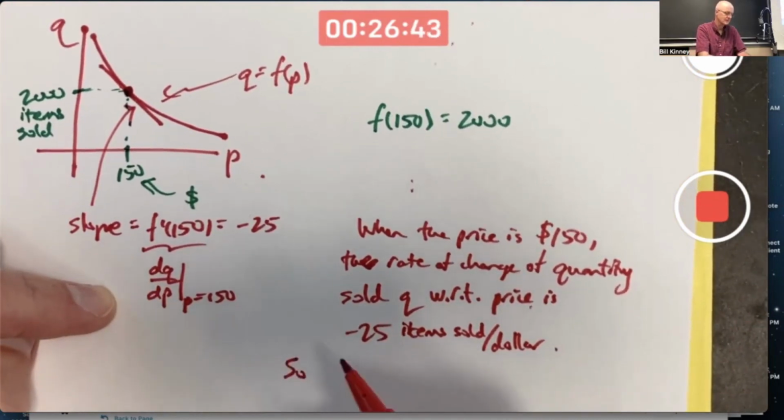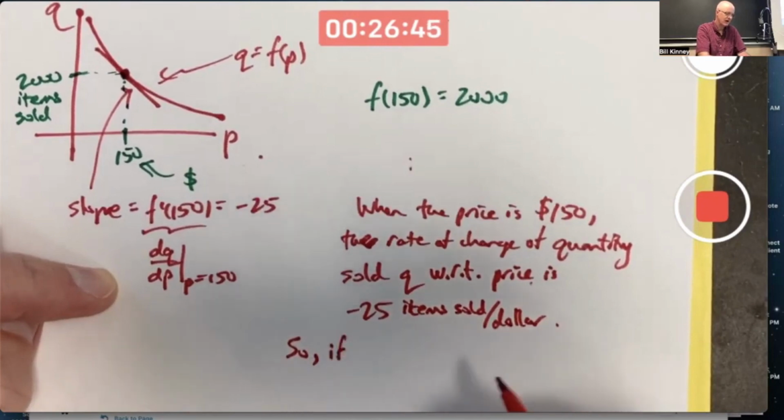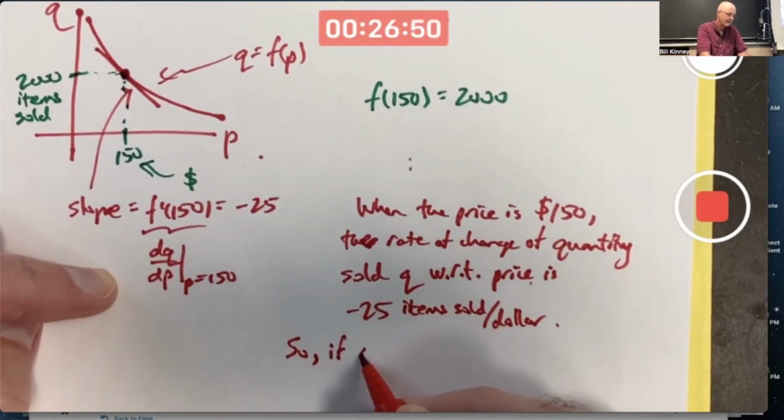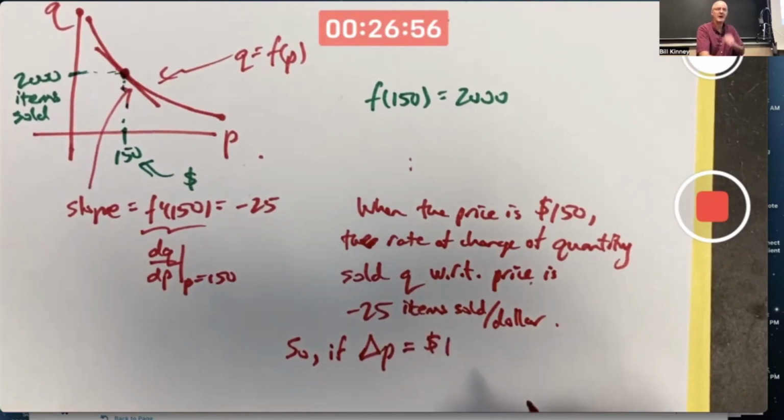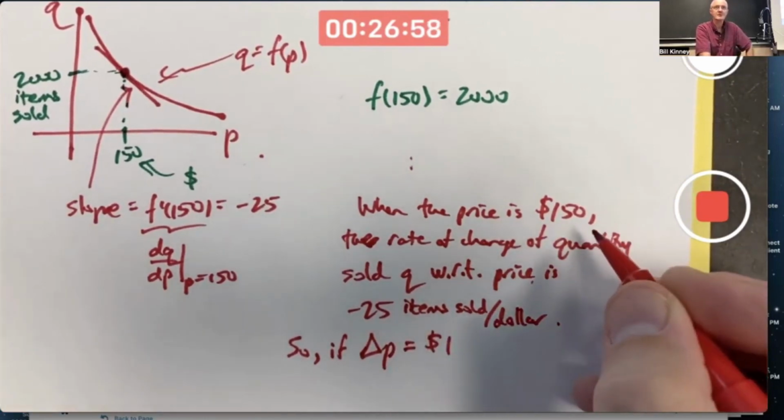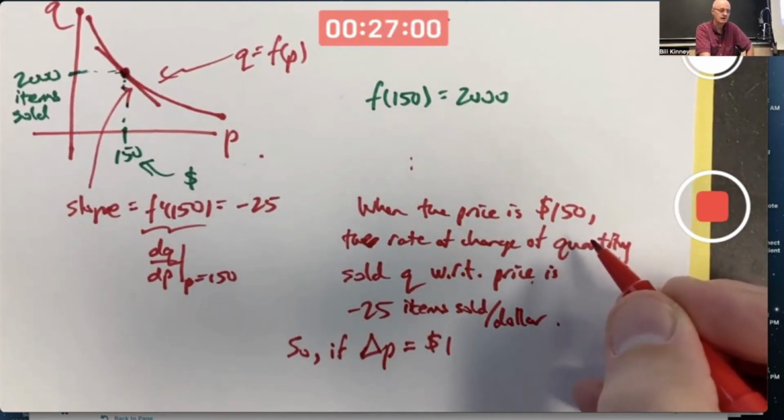So if the price increases by, say, $1, I'll go ahead and use delta notation. If delta P is $1, the price goes from $150 to $151.